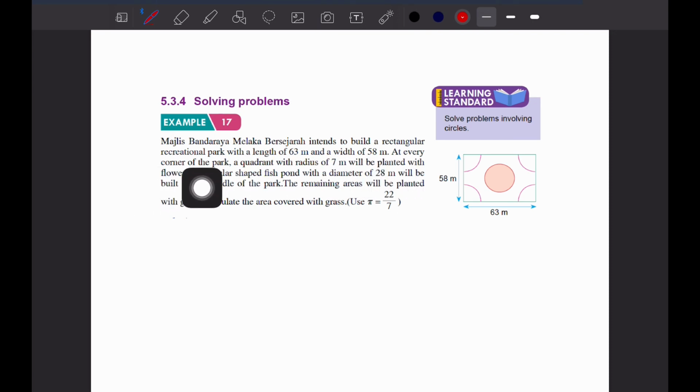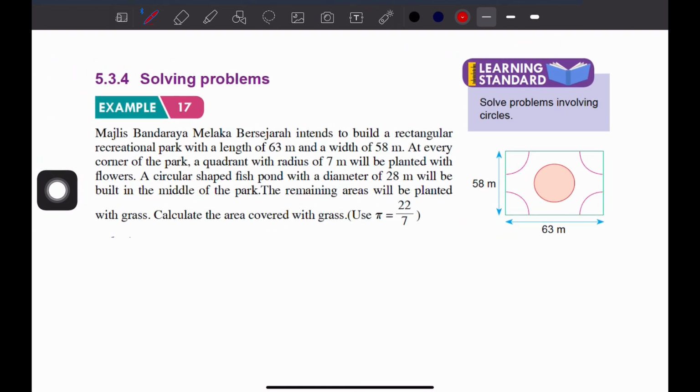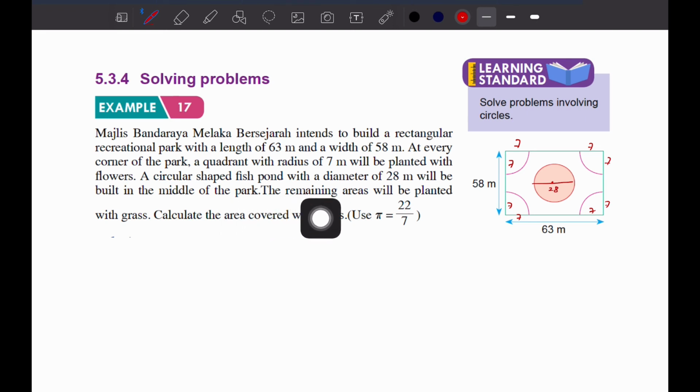At every corner of the park, a quadrant with radius 7 will be planted with flowers. A circular shaped fish pond with a diameter of 28 will be built in the middle of the park. The remaining areas will be planted with grass. Calculate the area covered with grass.